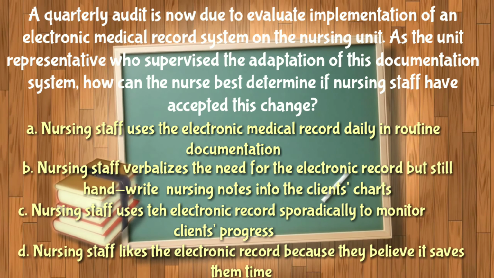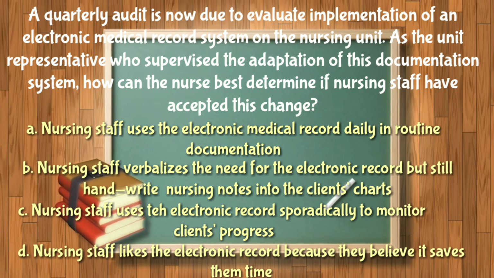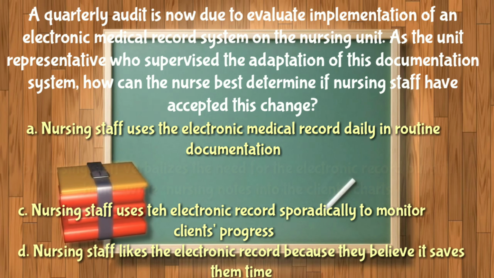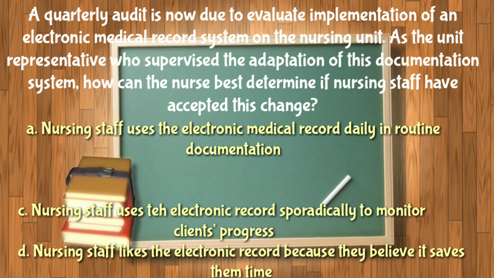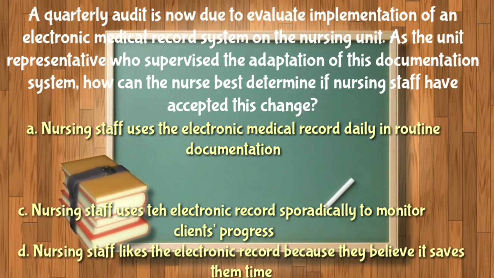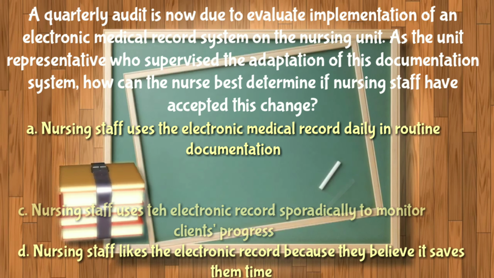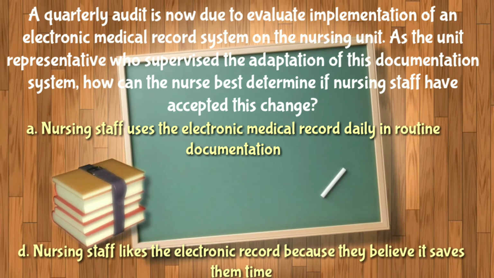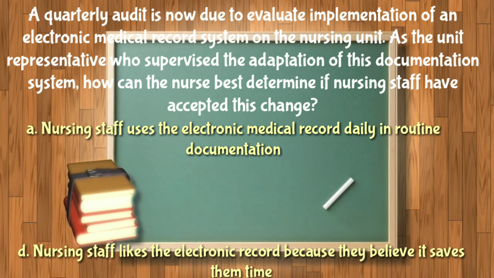Among the choices, letter B is incorrect because nurses who manually write nurses' notes have not accepted the change. And also, sporadic use does not indicate full acceptance of the change. That's why letter C is eliminated. And among the two, letter D, that staff likes the system, is a positive indicator.